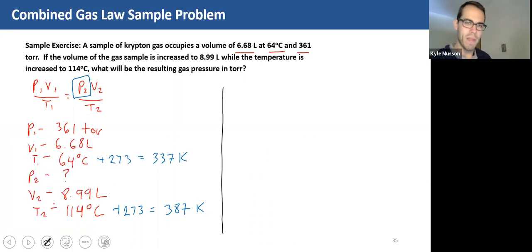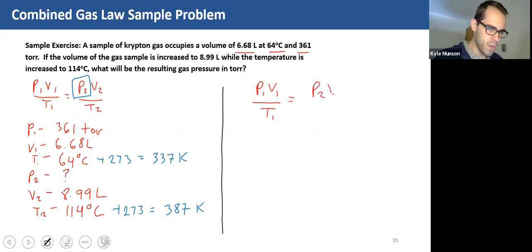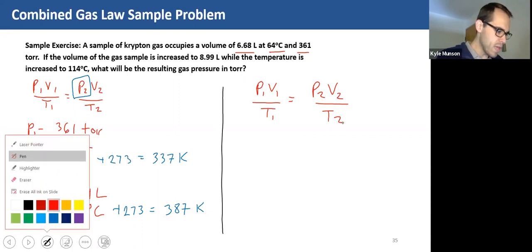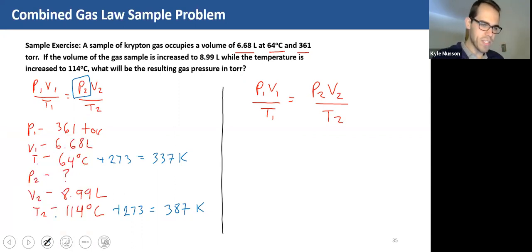So now let's rearrange this equation to get the variable P2 by itself. I'm just going to rewrite the equation here so you can see how I'm doing this. What I'm going to do is cross multiplication, where V2 is going to go down, and T2 is going to go up.